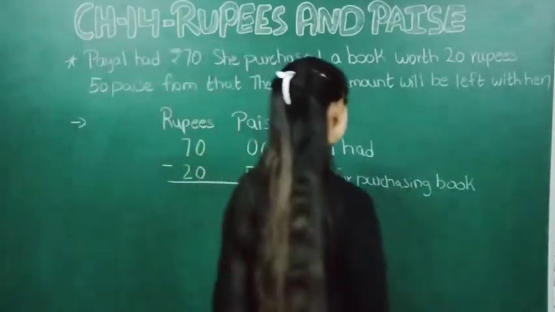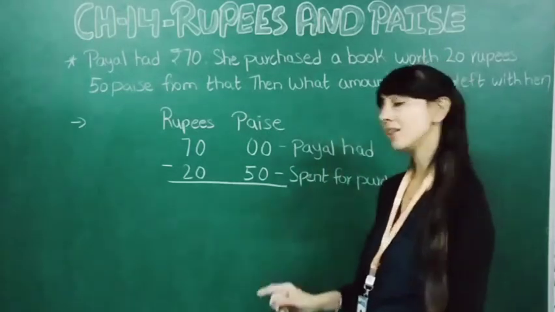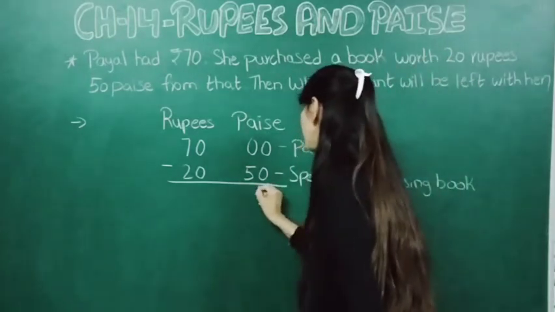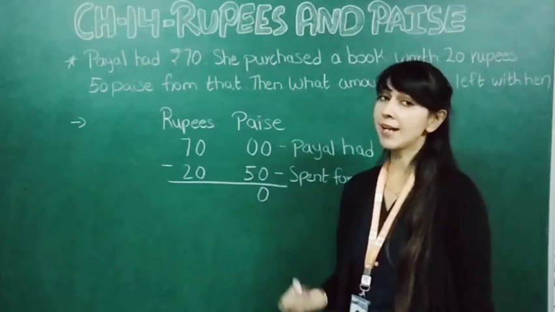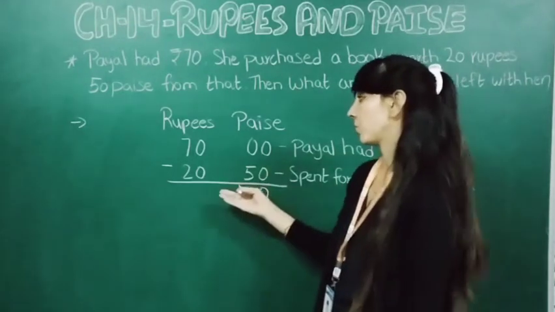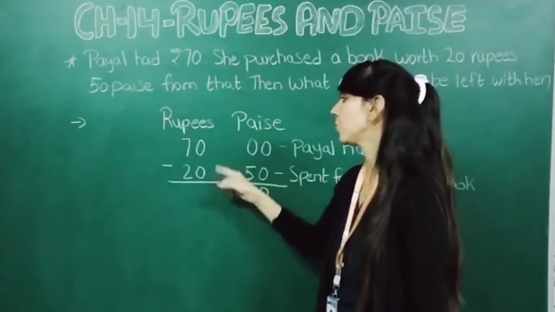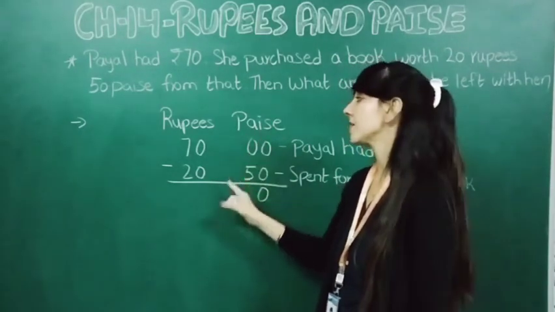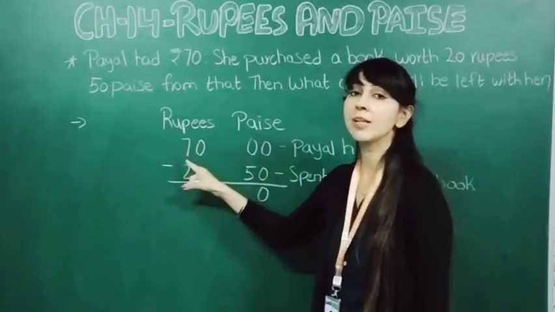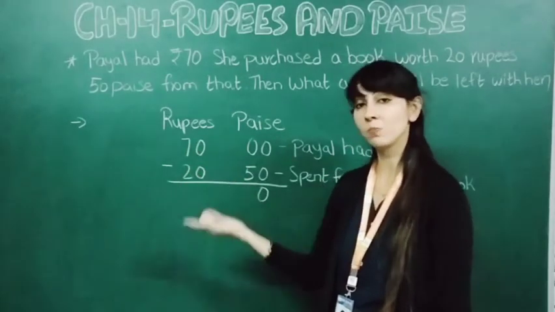Now first of all, we will see in paise. Now 0 minus 0, you will get 0 only. Now from 0, 5 cannot go. So we have to borrow. Now rupees also in ones place you can see 2 zeros are there. So we will just borrow from 7 that you can see in tens place in rupees.